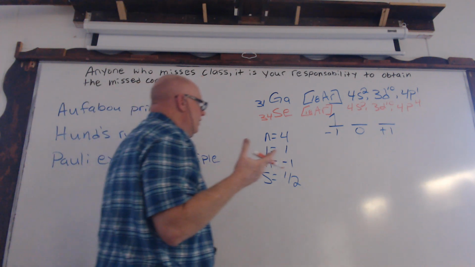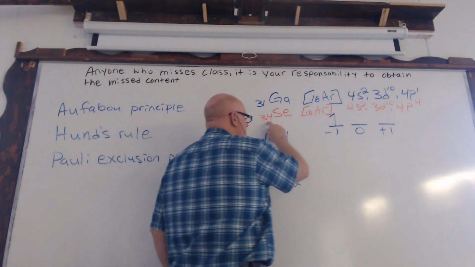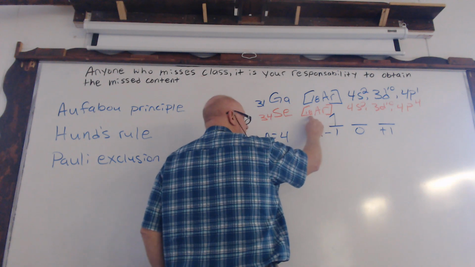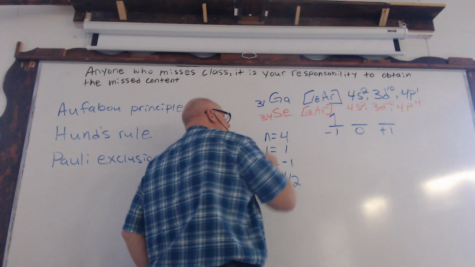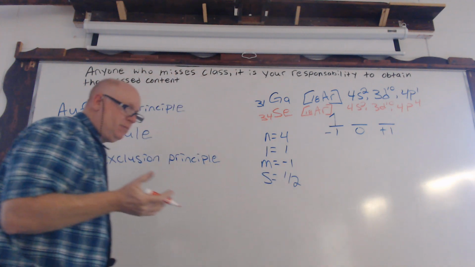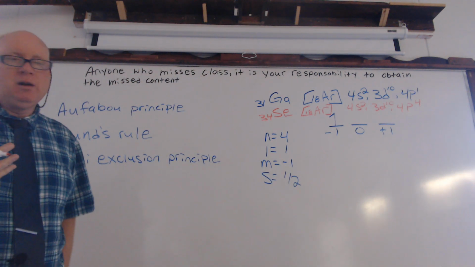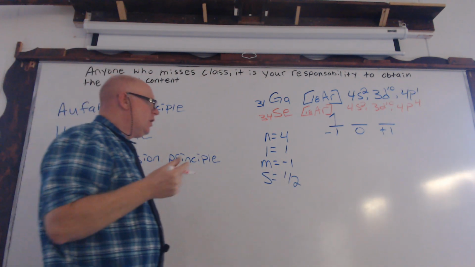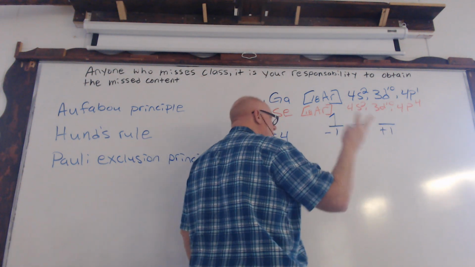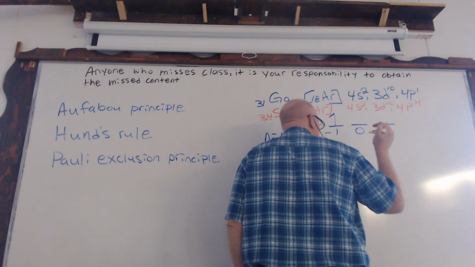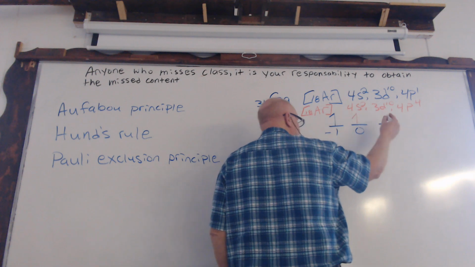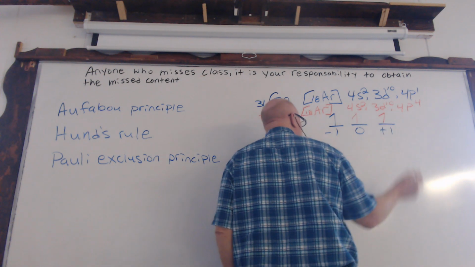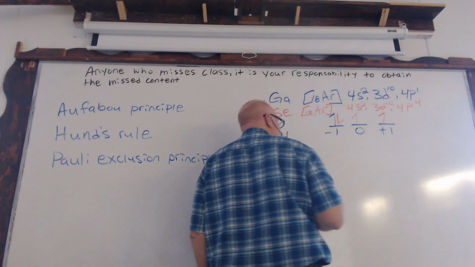And if we're ever in doubt, we could say 18 plus 2 is 20, 30, 34. That's what selenium is, so that's going to be correct. So we've got 4 electrons to do. Let's use Hund's rule to explain that. There's 1, there's 2, there's 3, and then here's our 4th one.